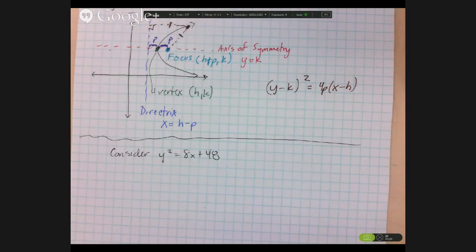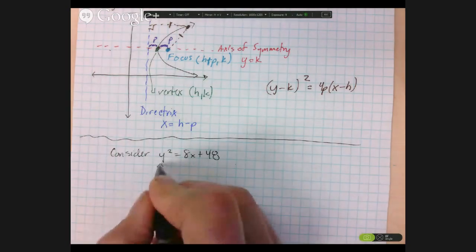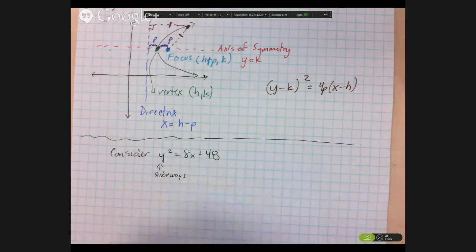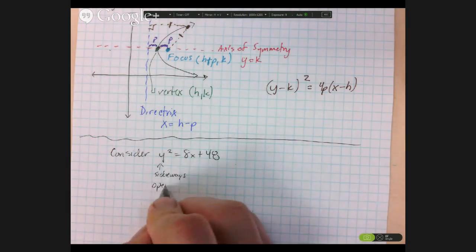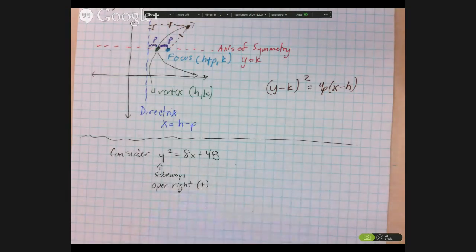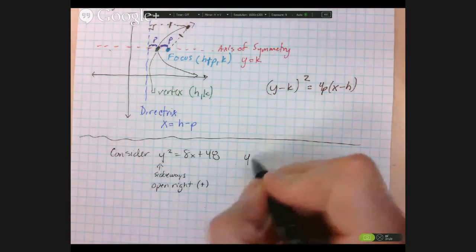It has y squared, so it's sideways. Which way does it point, left or right? Right. Why? It's a positive y squared. You're correct. Okay. So we need to get it in this form.